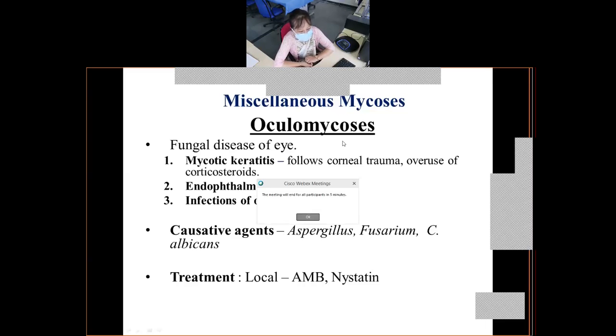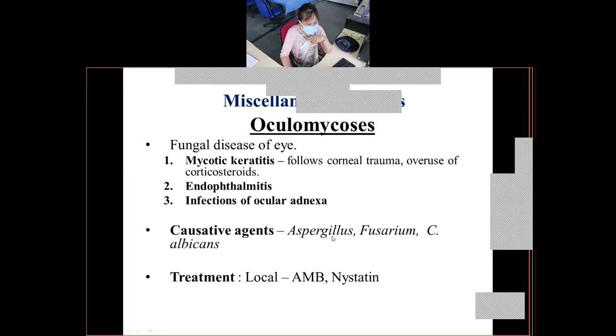There are many other causes. So you can have endophthalmitis, or you can have infections of the ocular adnexa.